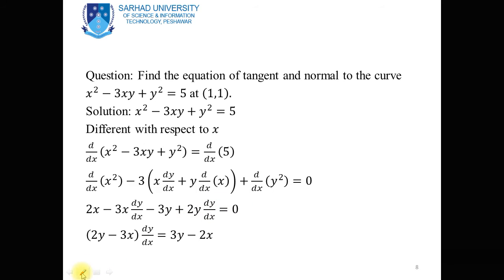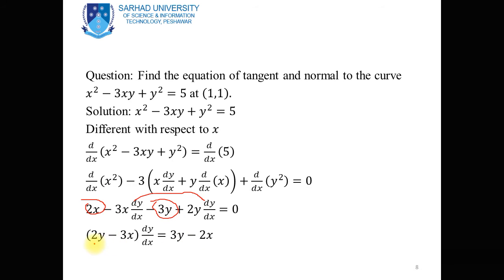Now in these two terms dy by dx is common. So taking common dy by dx from these two terms, 2y minus 3x times dy by dx, and shifting these two terms to the right hand side, 2x and minus 3y. So we obtain 2y minus 3x times dy by dx is equal to 3y minus 2x.